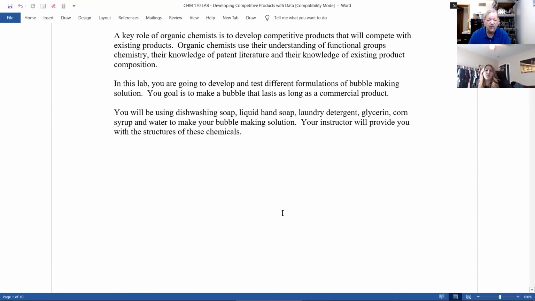And so the question is, how do you test all these in a formulation? Now, there's something called design of experiment, which is called in the chemical industry DOE, design of experiment. And this is a way of coming up with a series of experiments that test a lot of variables quickly, because time is money.